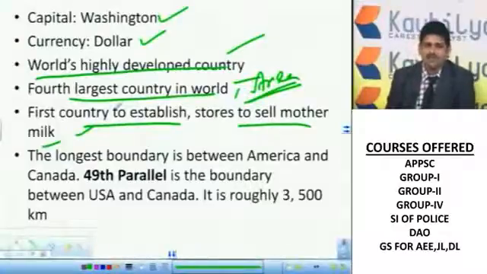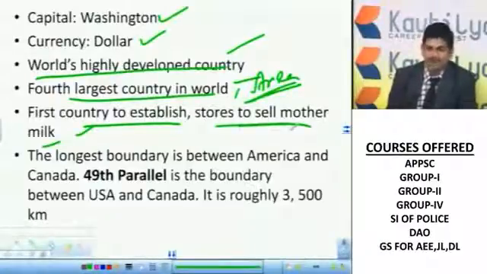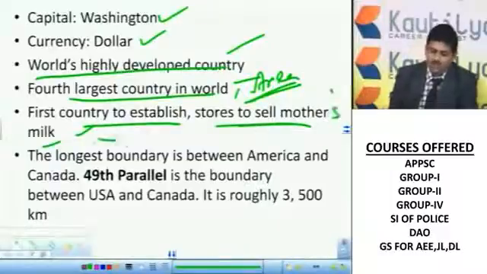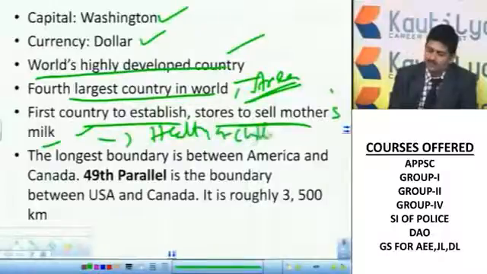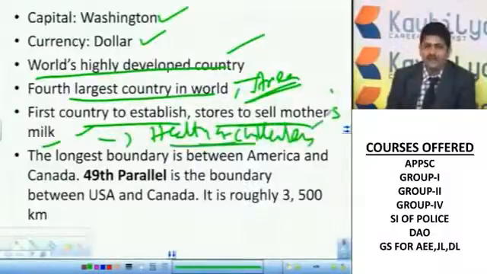In the world, which of the following is the first country to open stores to sell mother's milk? Actually this is to promote the health of children. Mother feeding is the best feeding, as you know, medically speaking. This is the reason this country started these stores.